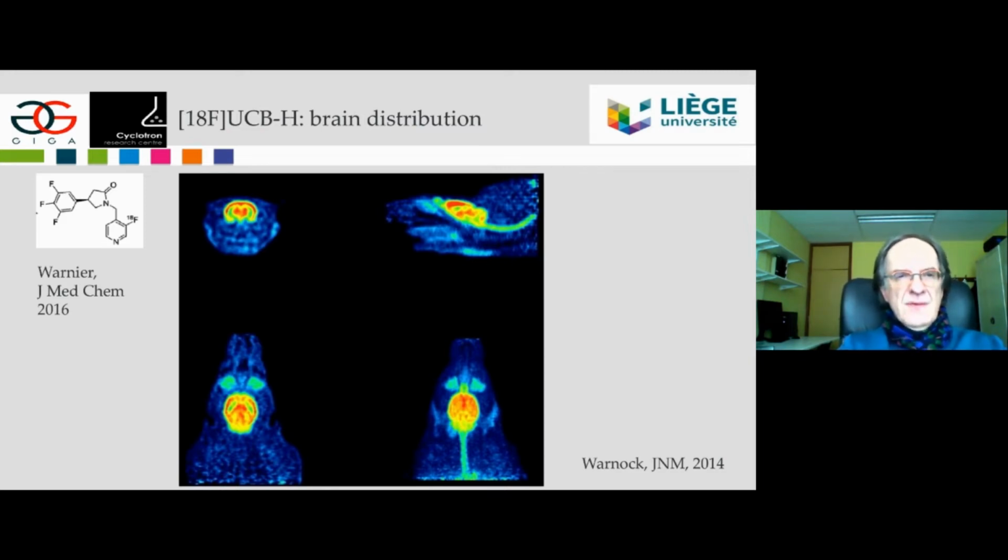And so different kinds of markers, for example, just do not cross the blood-brain barrier effectively, or there is too low a percentage entering the brain.